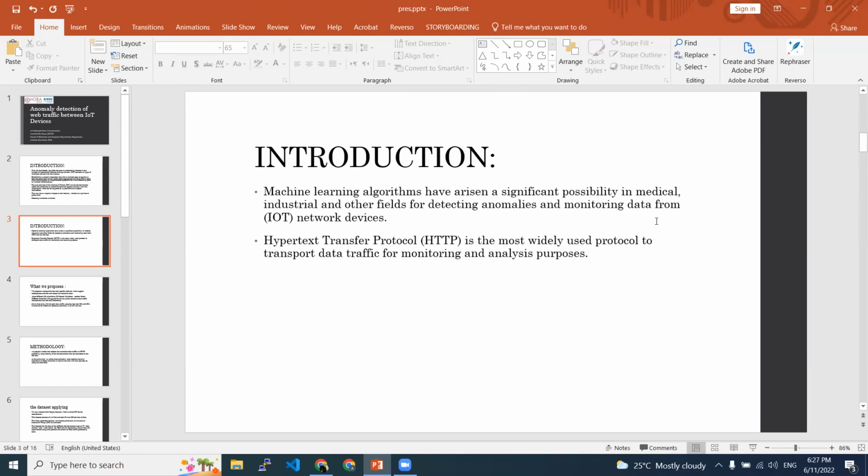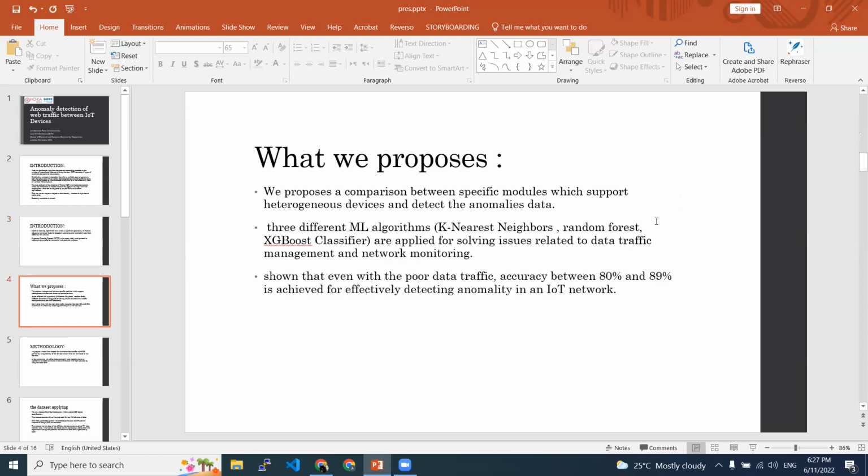The protocol that has been used: HTTP, hypertext transfer protocol, is the most widely used protocol to transport data traffic for monitoring and analysis purposes. So what we propose is a comparison between a specific model which supports heterogeneous devices and detects the anomalous data.